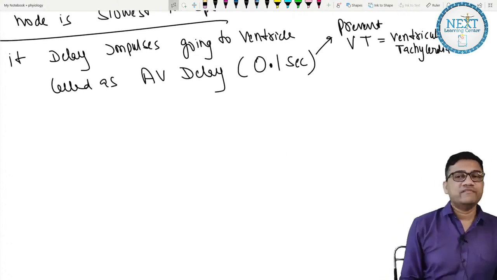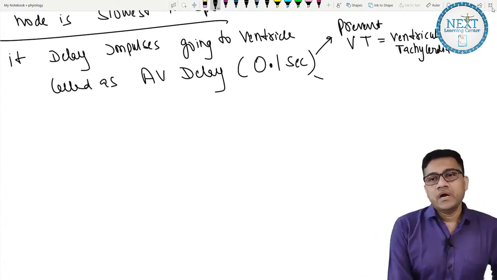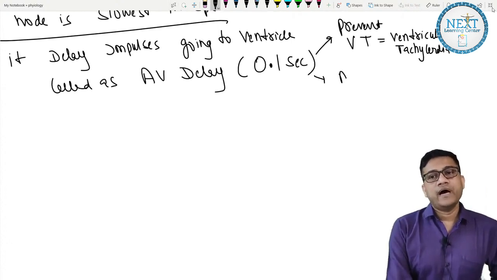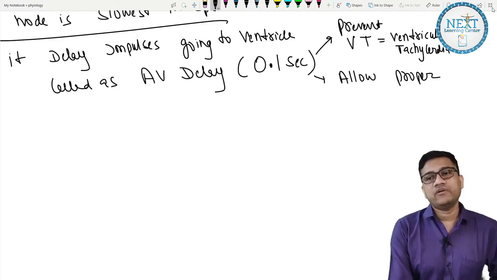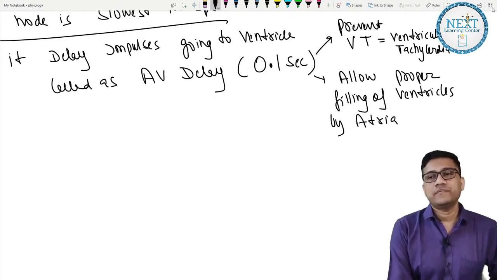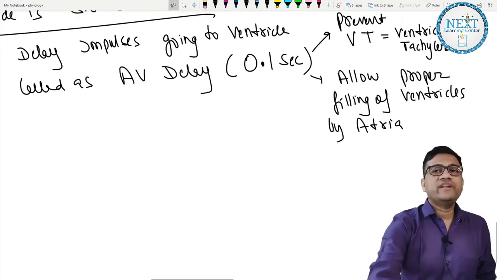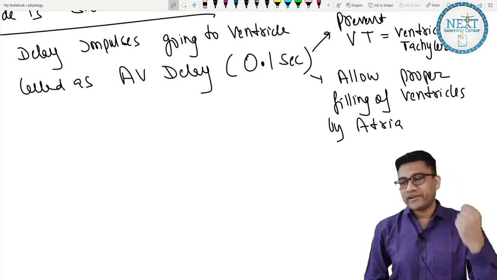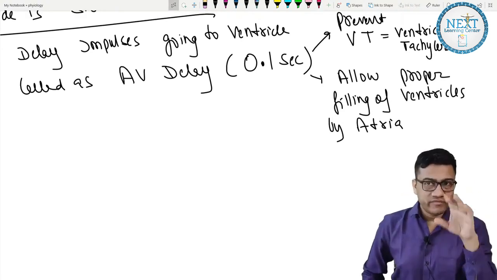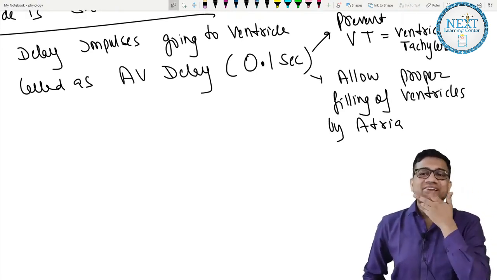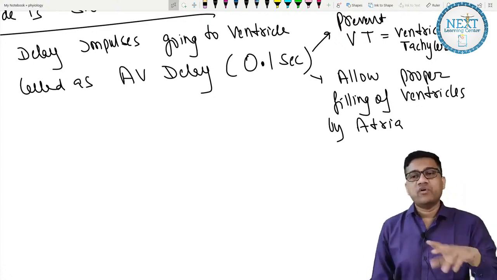Number two, it allows proper filling of the ventricles by the atria. So the two benefits of AV delay are preventing ventricular tachycardia and allowing proper filling of the ventricles.